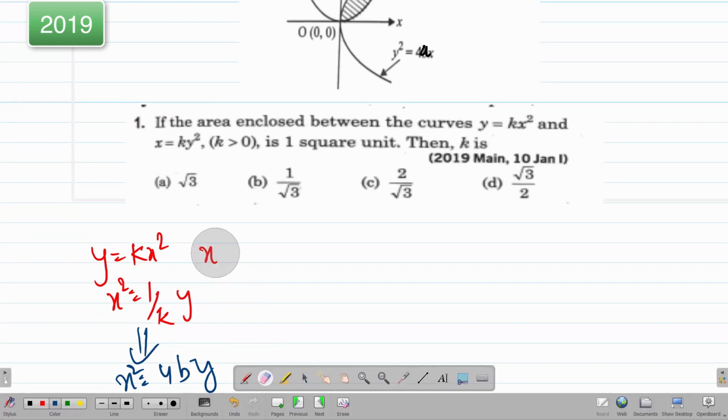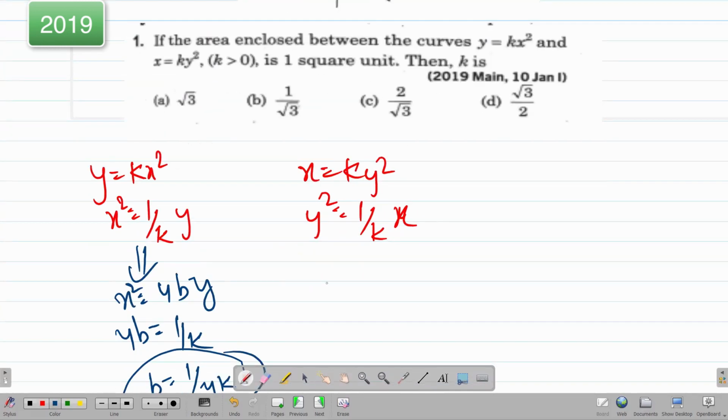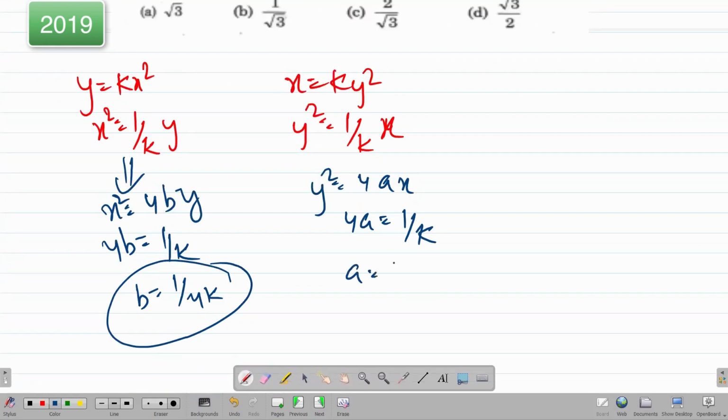Another parabola given here is x is equal to ky square, or y square is equal to 1 by k x, comparable to y square is equal to 4ax type parabola. So 4a is here 1 by k and a is here 1 by 4k, right?